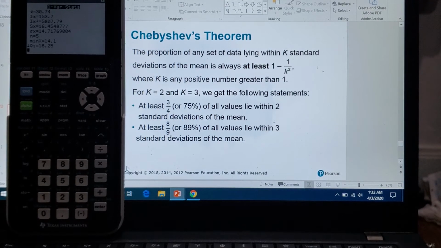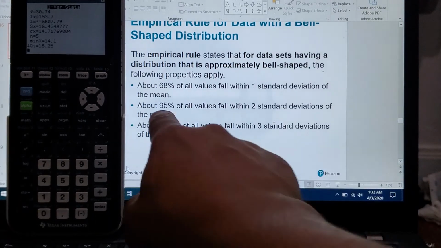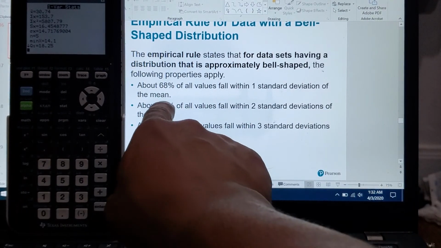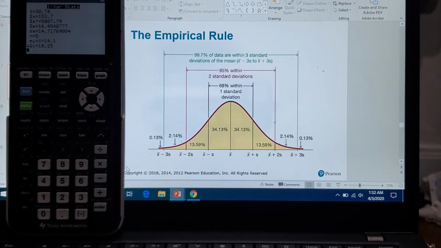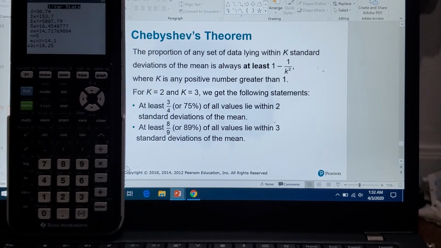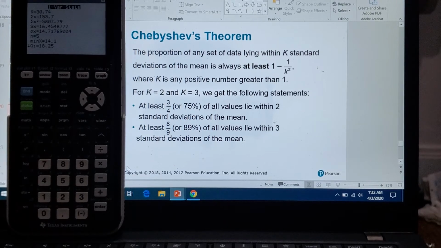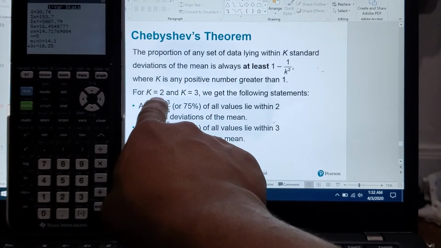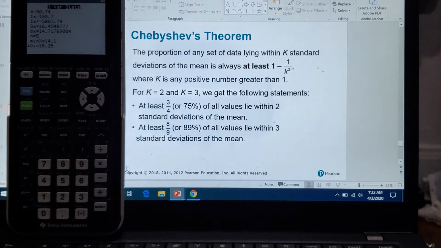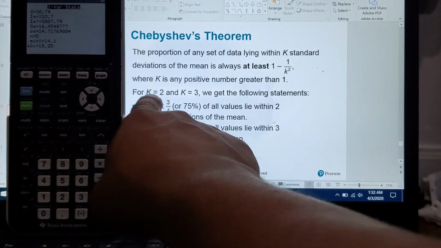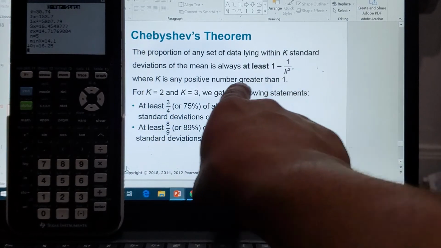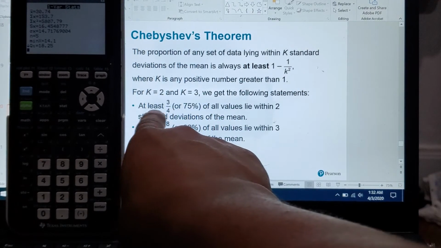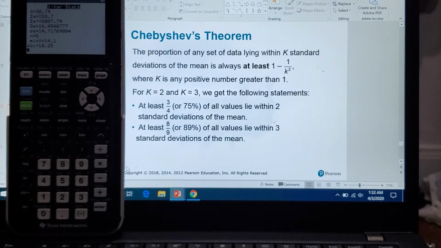So here, when you are at 2 standard deviations from the mean, about 95% of your data values are within 2 standard deviations of the mean, if you're using the empirical rule. For Chebyshev's theorem, when you plug in 2 here, that simplifies to 3 over 4.